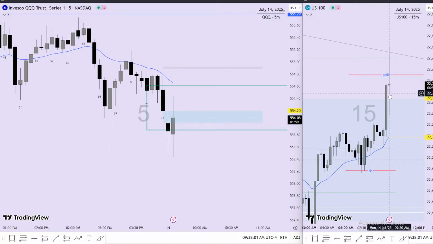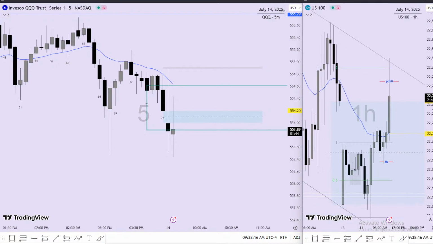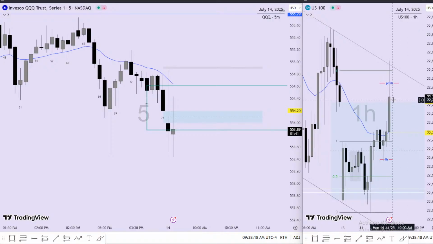If I try to take a short, I have a very bad context for shorts, because in the Globex time frame, this is a bad context for shorting. On the 15 minutes, even on an hourly, it's bad. The best I can get is the close of the hourly gap.